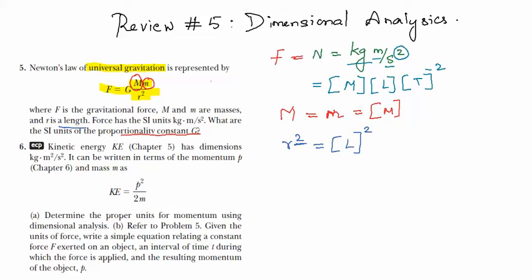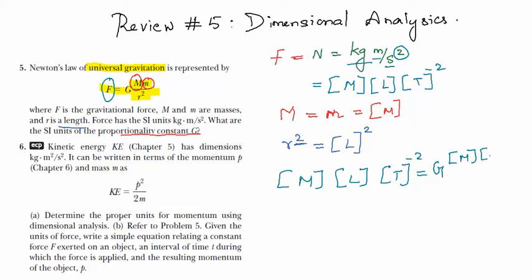So let's write this equation dimensionally. On the left-hand side you have M L T to the power -2, and then you have G, whose dimension we have no idea about yet, and then the masses, m and m again, divided by r squared, which is length squared.